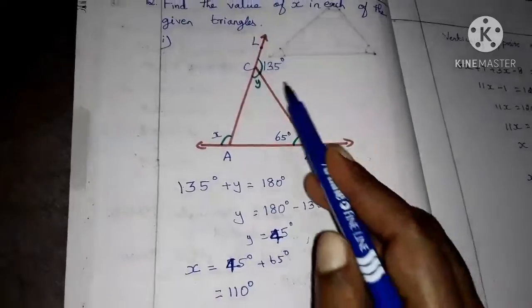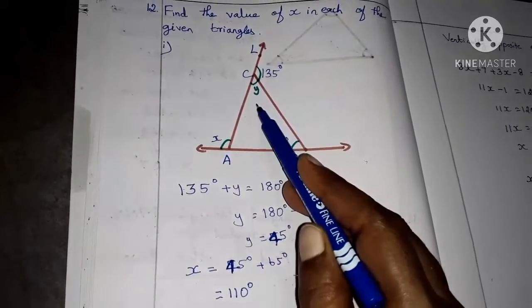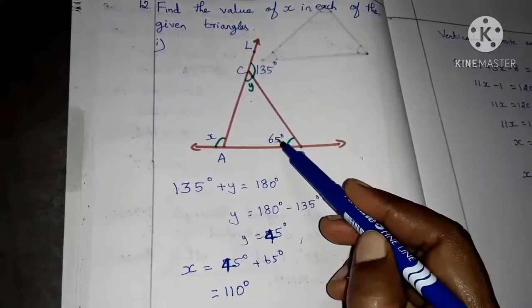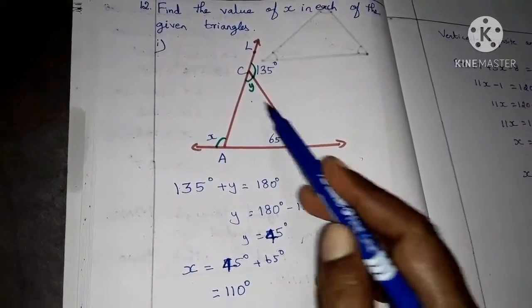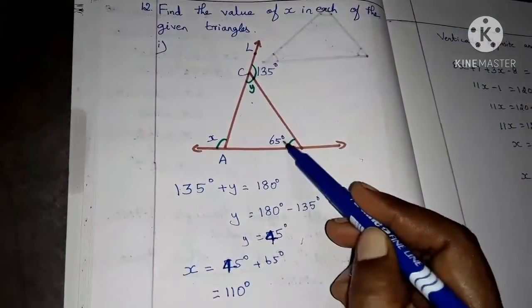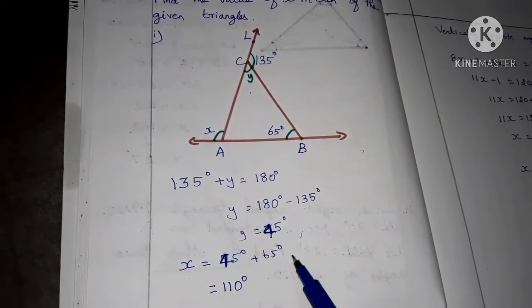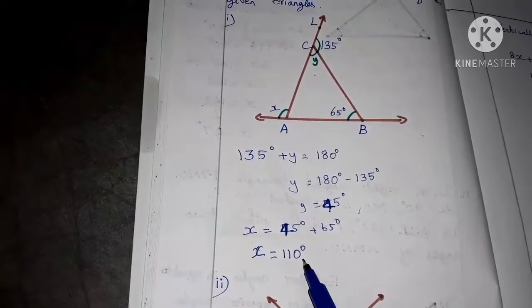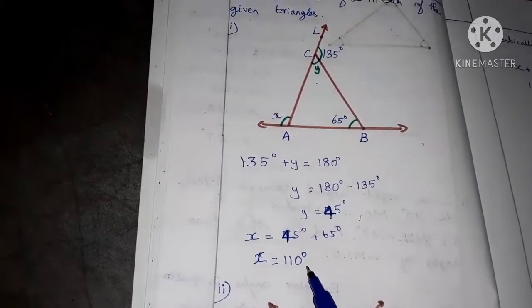So y is equal to 45. So we found this angle. We know that the exterior angle is equal to the sum of the interior opposite angles. So this is 45, this is 65. So x is equal to 45 plus 65. So x is equal to 110 degrees.